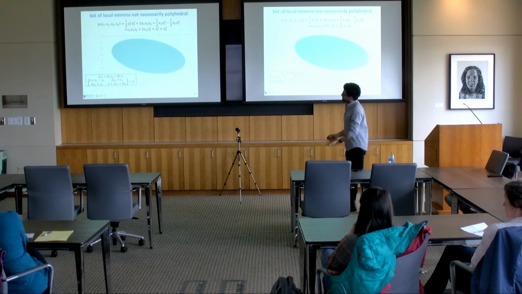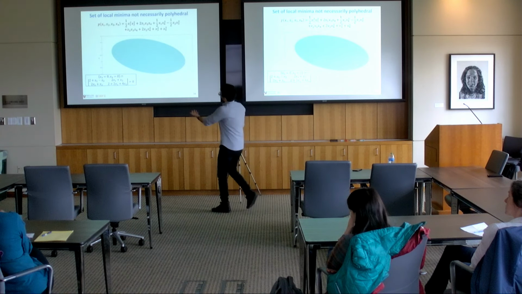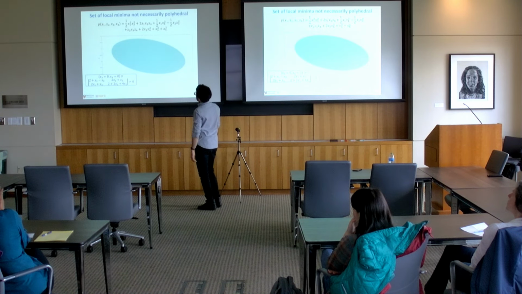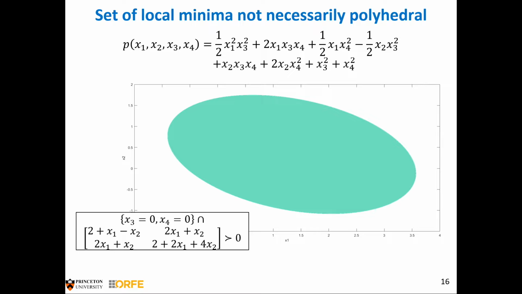Unfortunately, this is not the case. So here's a simple example of a cubic polynomial in 4 variables. I'm plotting the projection of the set of its local minima to 2 variables, x1, x2. And you see the projection is not a polyhedron, so the set upstairs could not have been a polyhedron.